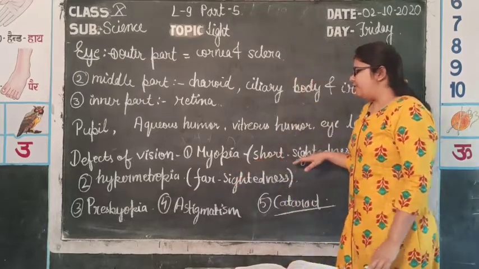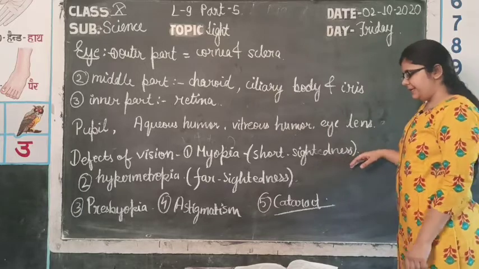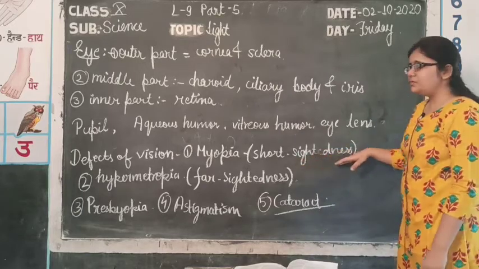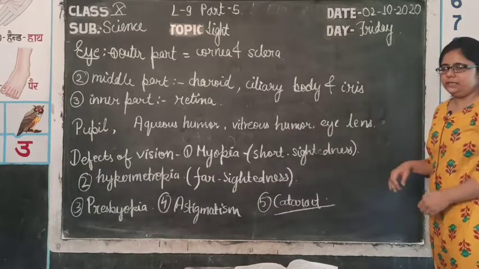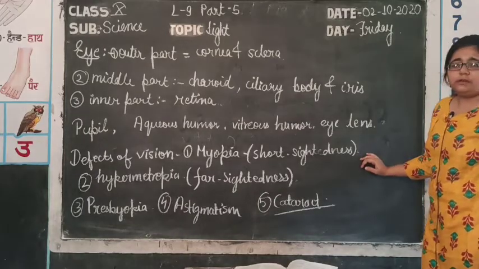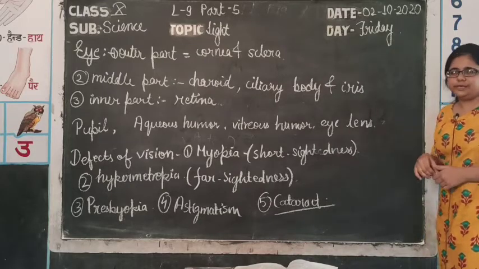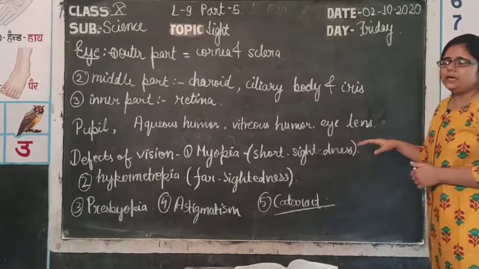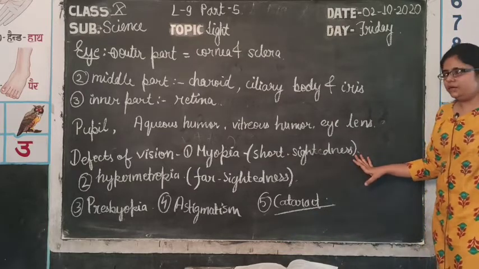So first of all, myopia. Myopia is also known as short-sightedness. This word denotes that you can see nearby objects very clearly, but you cannot see far objects clearly, because light converges a bit earlier than the retina. So the image formed will be blurred.